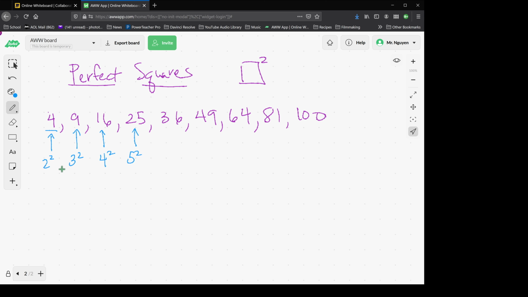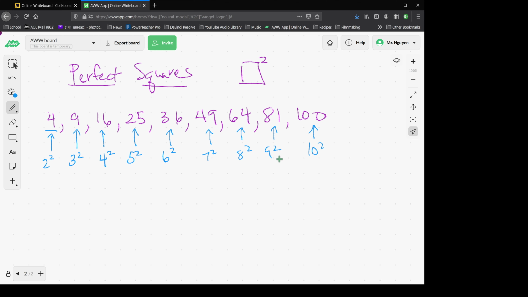You see what I'm doing? I'm just walking my way up the numbers all the way to 10. 2 squared, 3 squared, 4 squared, 5 squared. This would have to be what? 6 squared. This is 7 squared. This is 8 squared. And this is 9 squared. And this is 10 squared.